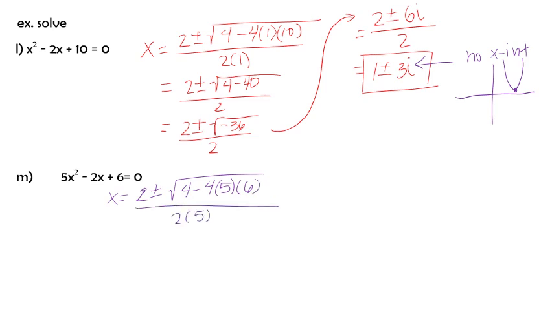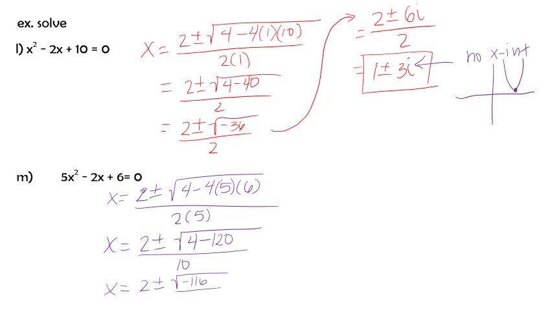So I'd have x equals 2 plus or minus the square root of 4 minus 30 times 4 would be 120, divided by 10. So this would be x equals 2 plus or minus the square root of negative 116 all divided by 10.